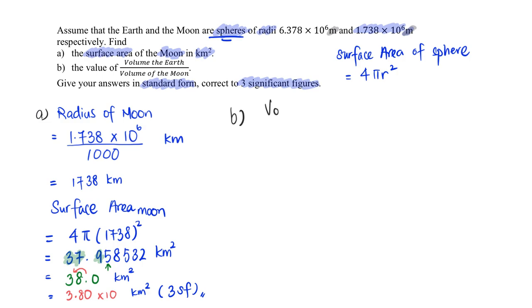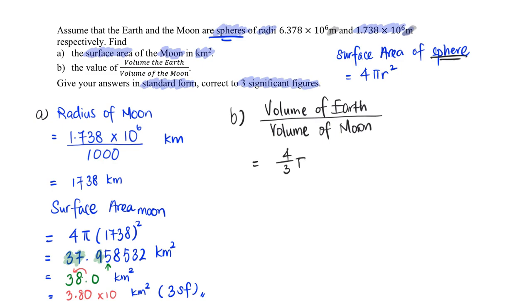So volume of Earth over volume of Moon is equal to, since they are again spheres, 4 over 3 pi r cube.